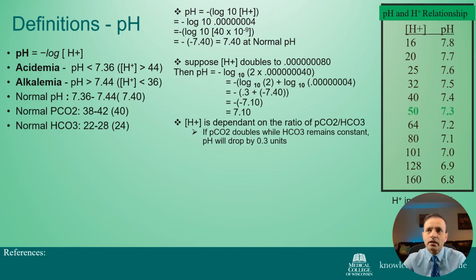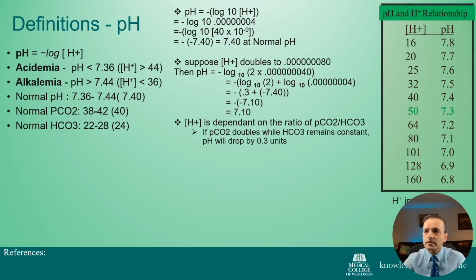So as you can see here, the negative logarithm of hydrogen ion concentration, which is 40 nanomole, when you do this math, results in a pH of 7.40. So what happens when hydrogen ion doubles? Let's say hydrogen ion is 80.